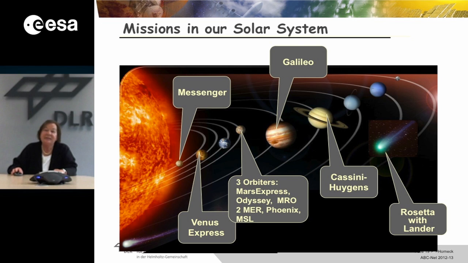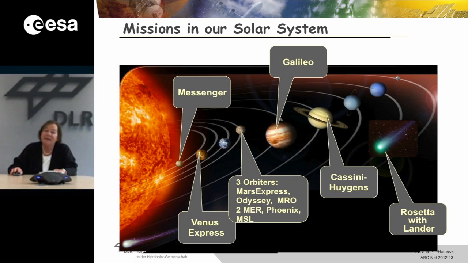Jupiter has been visited by Galileo, which brought us very interesting data also about the moon Europa, and there will be a next European mission to the icy moons of Jupiter. It's called JUICE. Cassini-Huygens is still active and brought us very interesting results, especially of the moon Titan, where the Huygens probe landed and showed us data of the interesting complex organic chemistry that's going on on that moon.